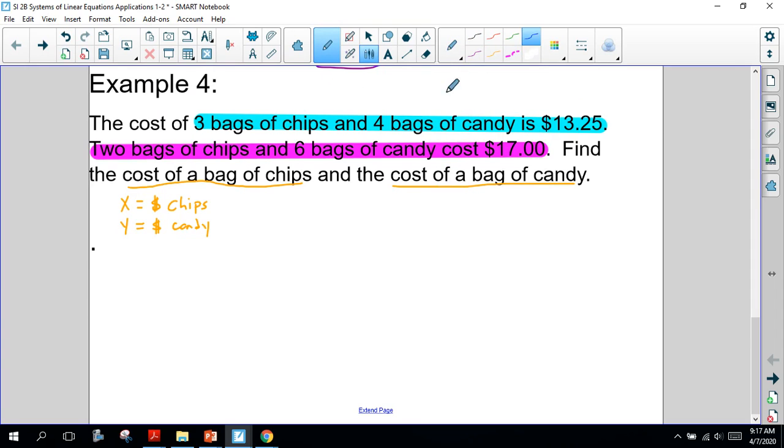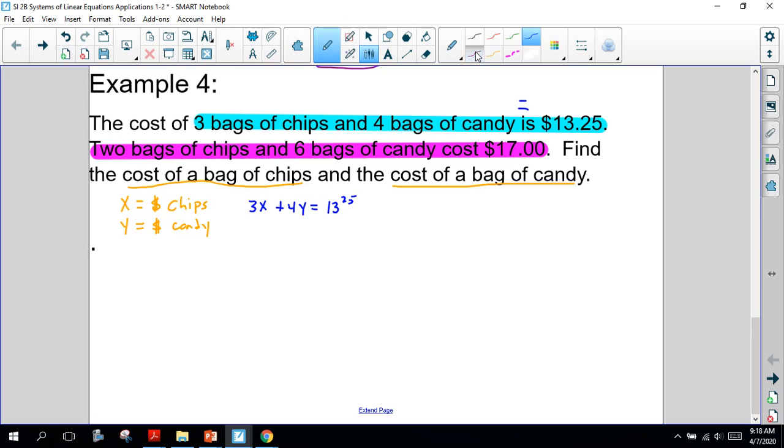All right, the word "is" means equals. If I take 3x, so the 3 bags of chips times how much it costs for a bag of chips tells me the cost of my chips, plus 4y is going to tell me the cost of my candy. When I take the cost of the chips and the cost of the candy, that total is $13.25.